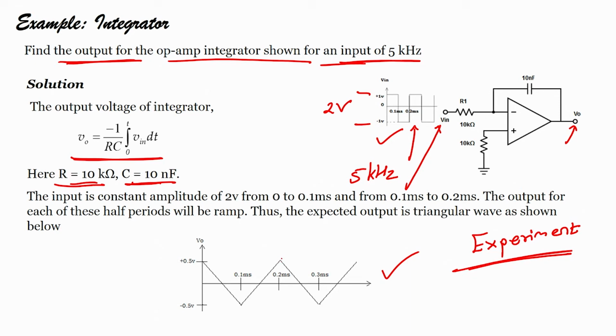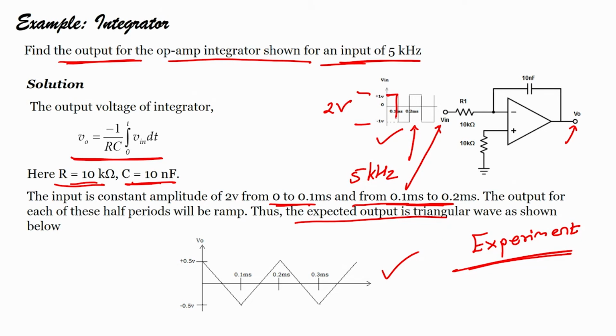It is 2 volts and constant from 0 to 0.1 milliseconds, and from 0.1 milliseconds to 0.2 milliseconds. The output for each of these half periods will be a ramp. So, if I apply this input, my output for each half period would be a ramp, and thus the expected output will be a triangular wave.